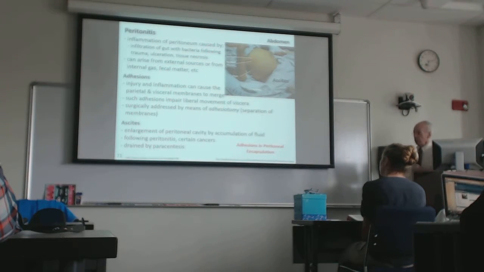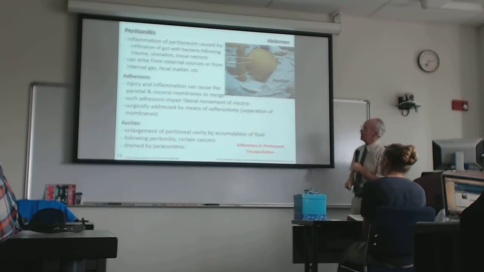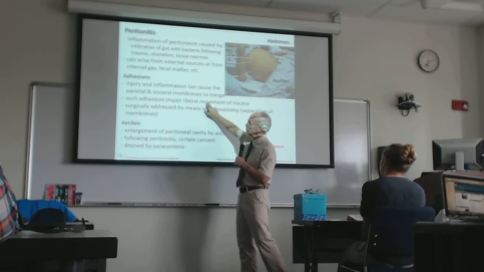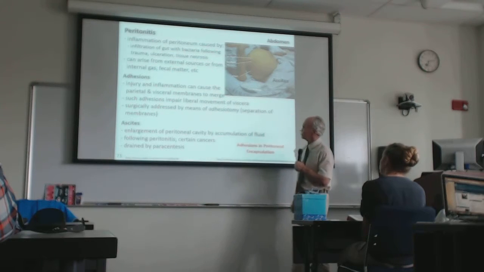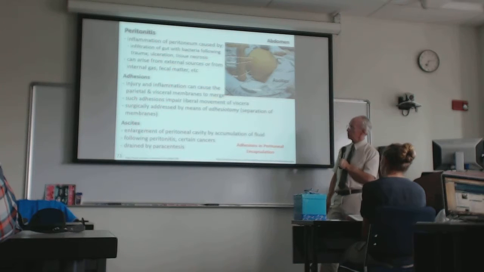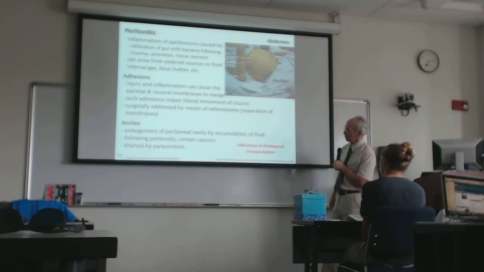During inflammation, there may be points of attachment, points of adhesion between the visceral and parietal peritoneum. Sometimes those can be addressed surgically. Sometimes the individual may be born with these adhesions, and they can contribute to blockages, and that can be problematic.